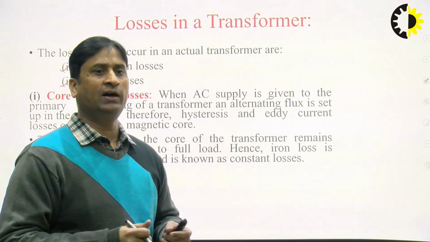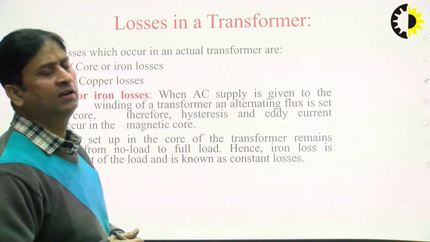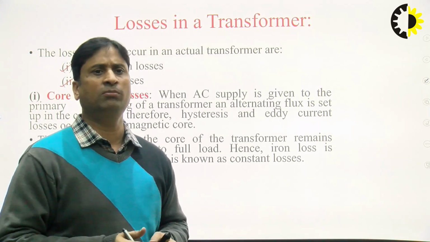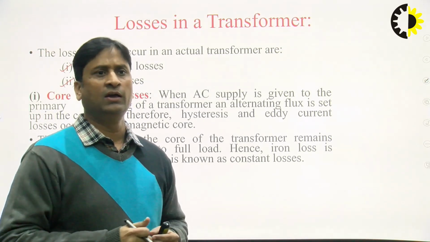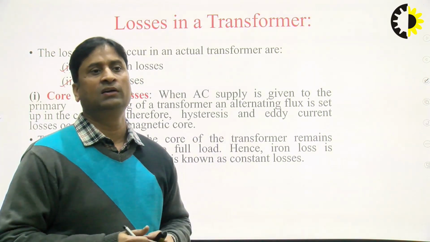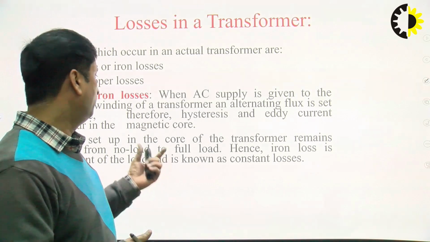When a supply is given to the primary winding of the transformer, an alternating flux is set up in the transformer core, and because of this flux, which is AC in nature, hysteresis and eddy current losses take place in the magnetic core.